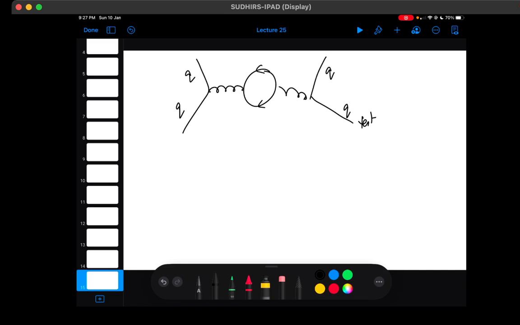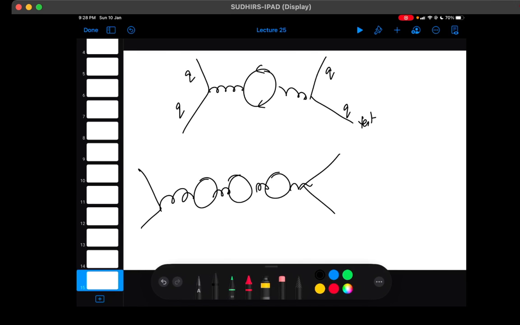Then there could be other quark antiquark pairs, there could be more, and these things will start interacting. But then you could also have gluons sharing things with each other, and so on.